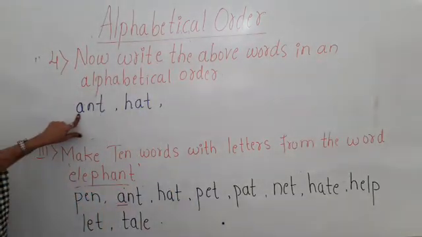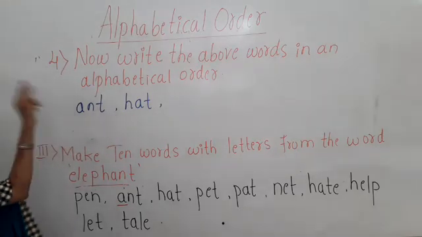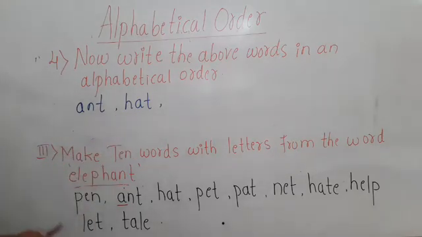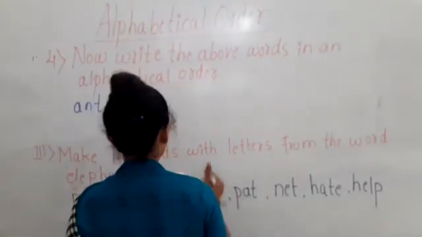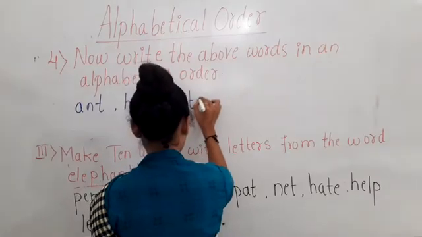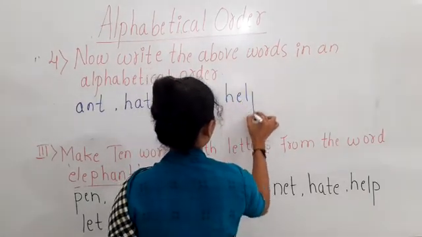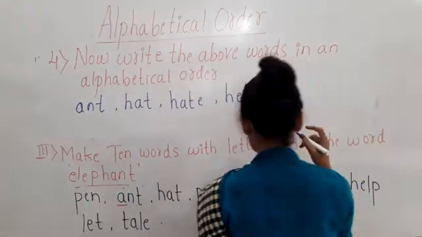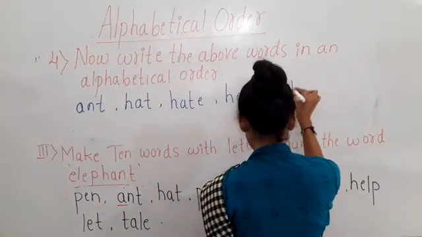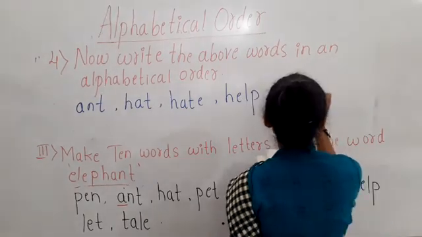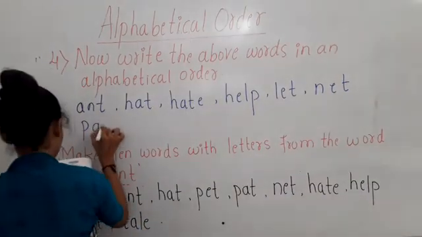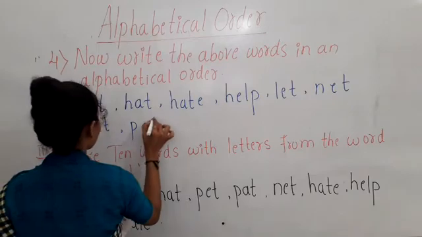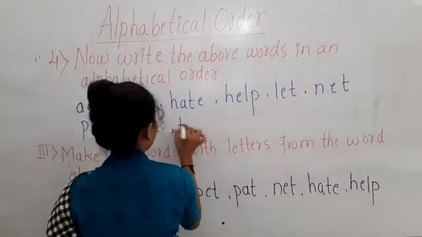See children, after ANT, we have to write HAT, hat, then HATE, hate, then HELP, help, then LET, let, NET, net, PAT, pat, PET, pet, TALE, tail.